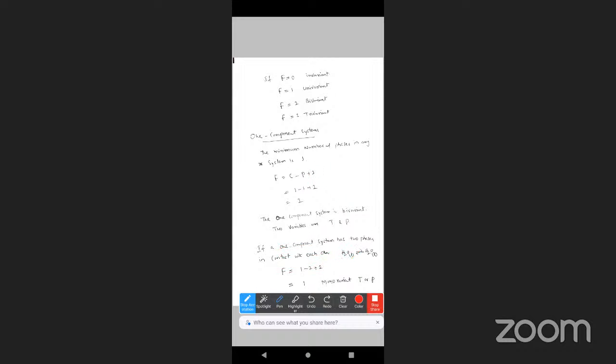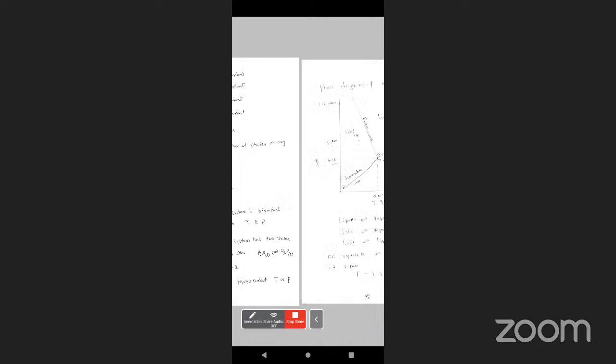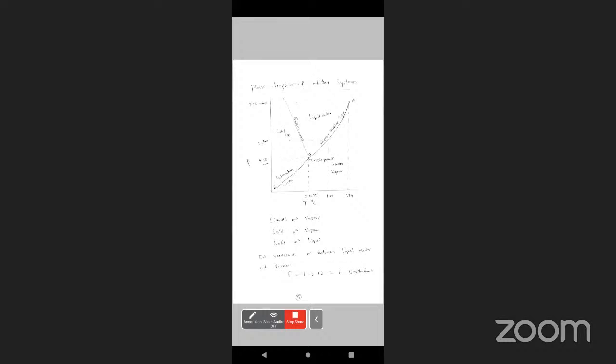Hence, what do we get? F equal to 1, monovariant. Either temperature or pressure we have to consider. Okay, is it clear?